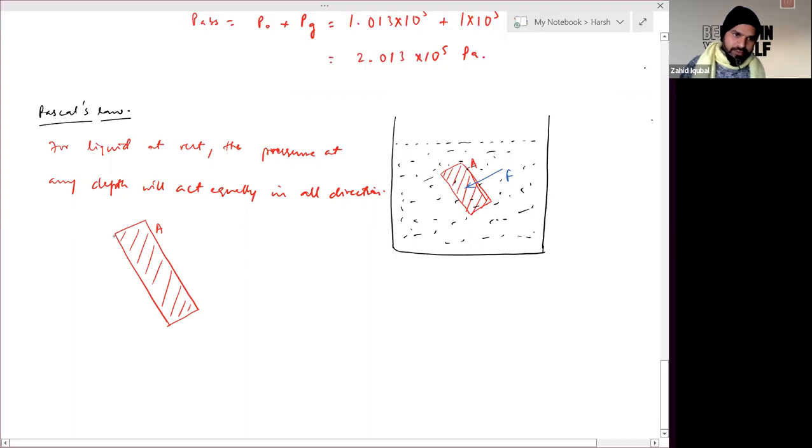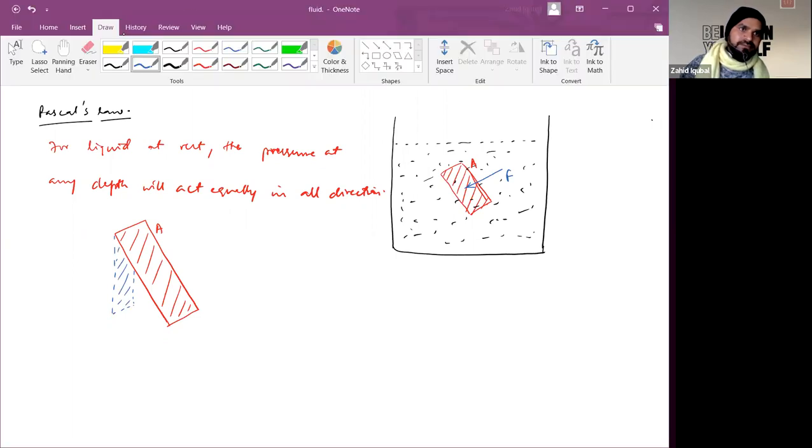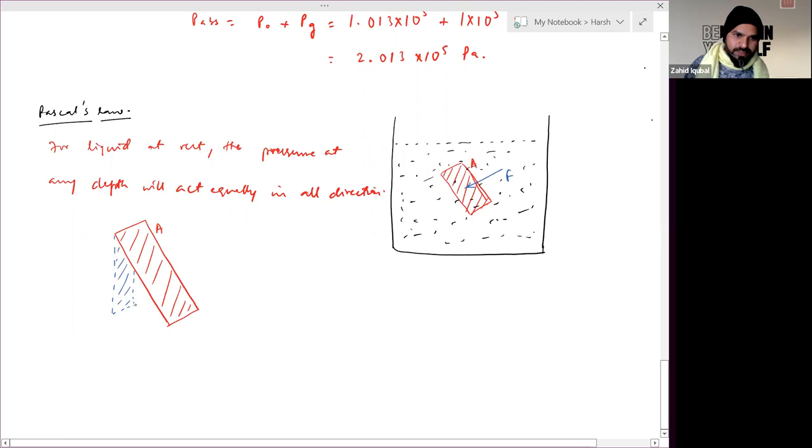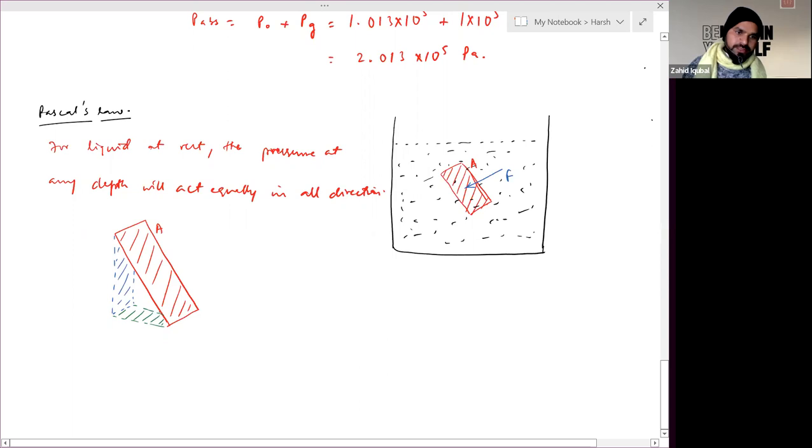So if you break its component, one of the components is along this direction and the other along this direction. Let's say the inclination of this red strip with horizontal is theta.